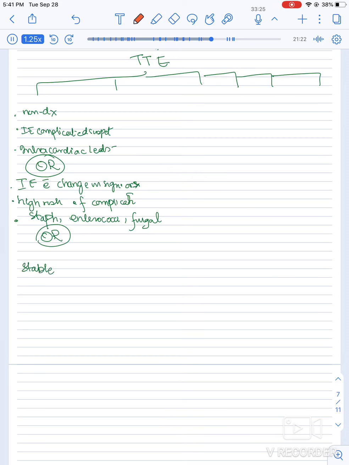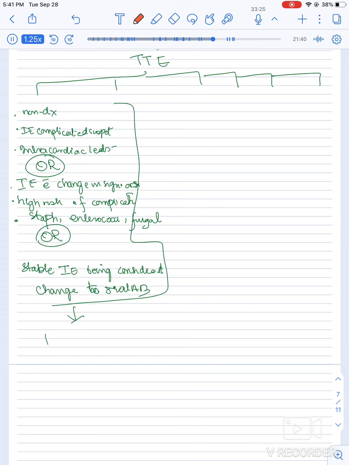Or if the patients have stable infective endocarditis being considered for change to oral antibiotics, in all of these patients you can consider TEE, and this is a class 1 recommendation. If the patients are undergoing valve surgery, then it's also a class 1 indication for TEE.